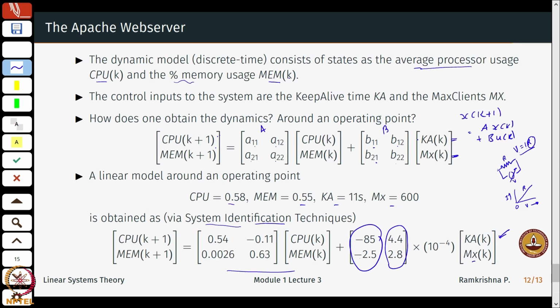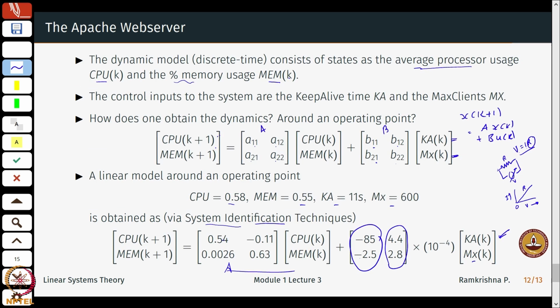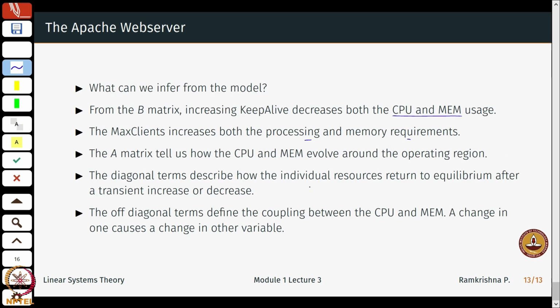The A matrix with these entries tells us how the CPU and the memory interact with each other or evolve with each other around that operating point. As usual, the diagonal terms will tell me how the individual resources return to the equilibrium after a certain transient or after an initial perturbation.